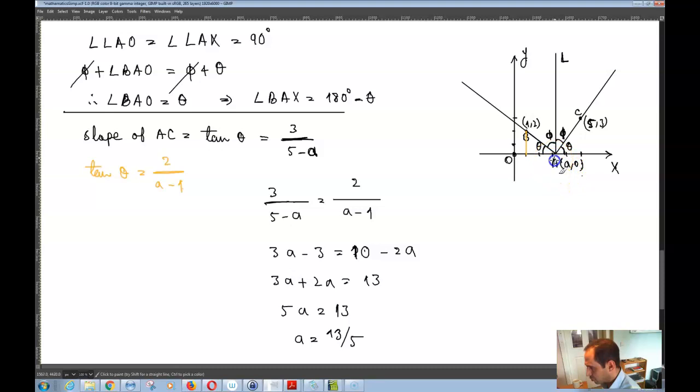That means the coordinates of the point A are 13 fifths comma 0. And that is how you can solve this problem.